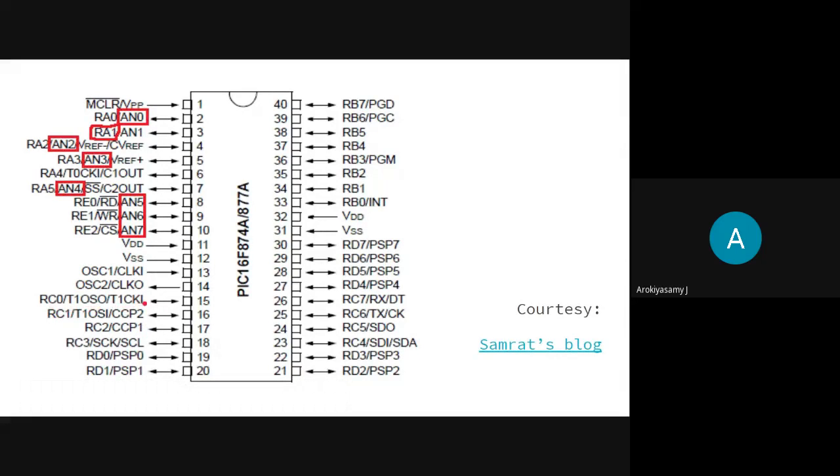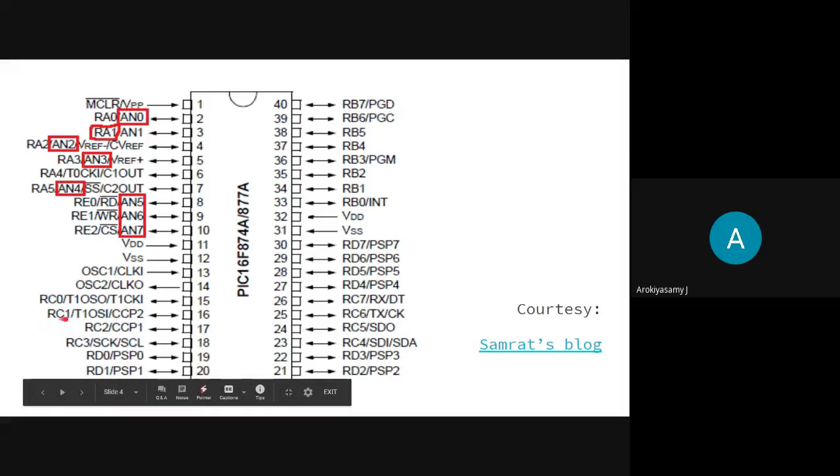RC0 is shared with timer 1. RC1 is shared with the CCP2 capture control function. RC2, RC3, RC4 is SDA, RC5 is SDO, RC6 is the transmit clock bit.